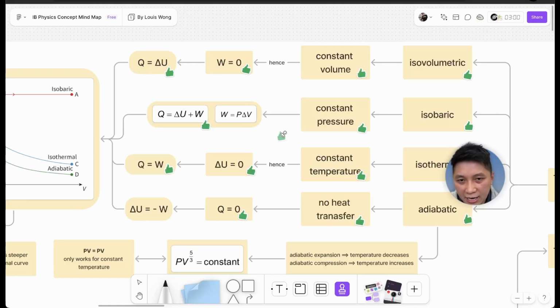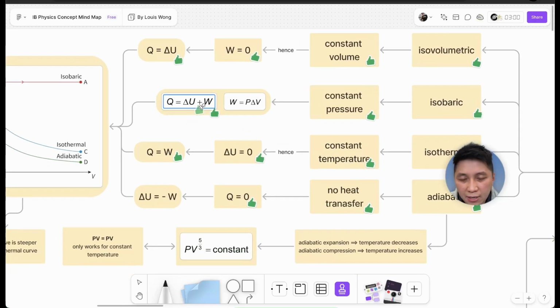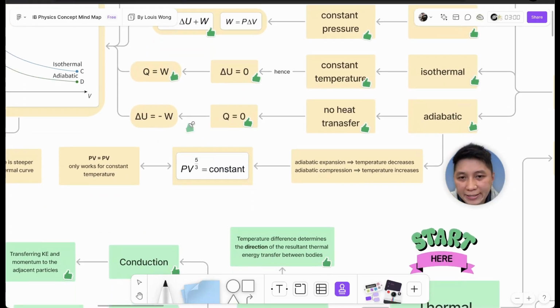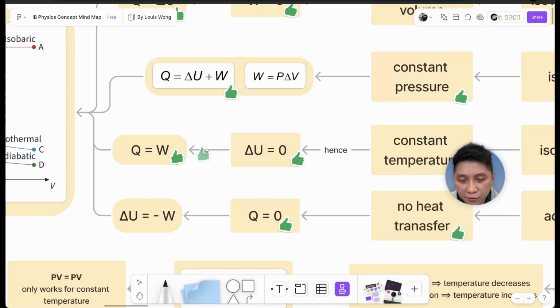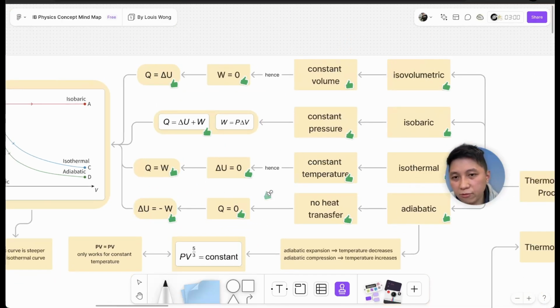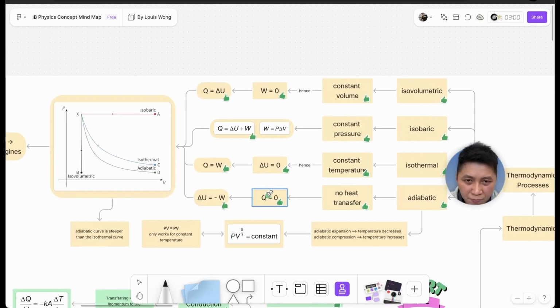So the idea of this is that you can evaluate the work done more easily, but you still need to deal with the whole equation. While for adiabatic, Q is 0 directly in the first law equation, and therefore you reduce to this equation. So you will have different consequences.